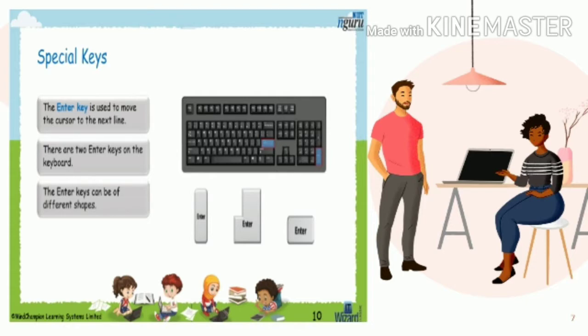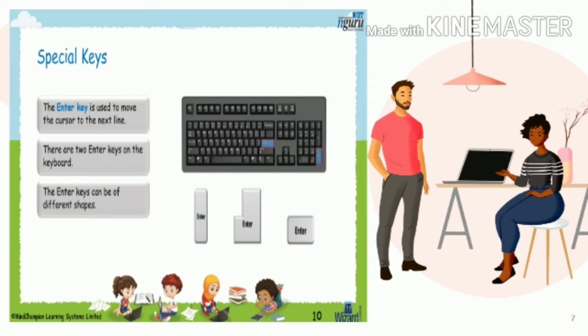So students, the next is the enter key. The enter key is used to move the cursor to the next line. There are two enter keys on the keyboard and the enter keys can be of different shapes.